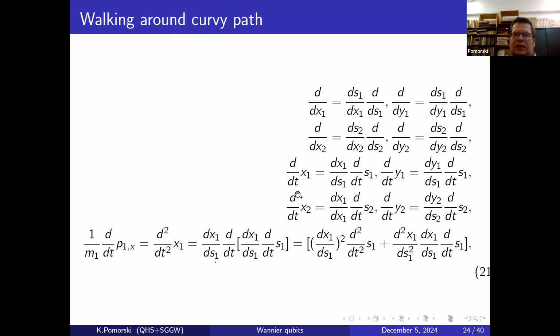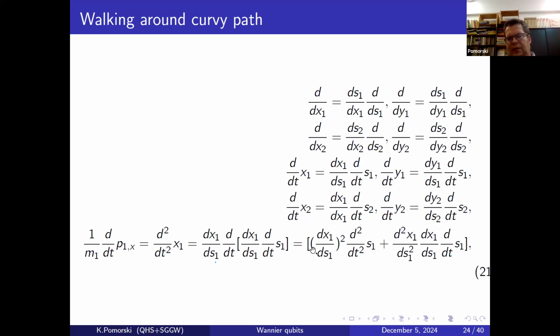What is interesting is when you are, for example, investigating the change of momentum, the second derivative with respect to time of position. Then you can write it in such a way as given here. The curvature of the cable is encoded by dx over ds1, and there is d over dt.